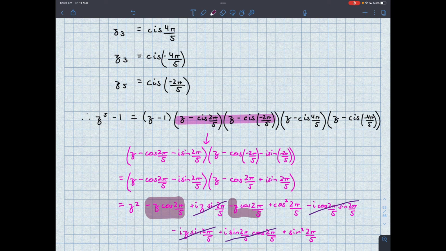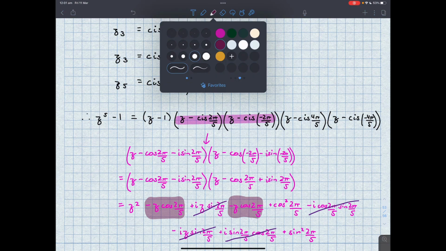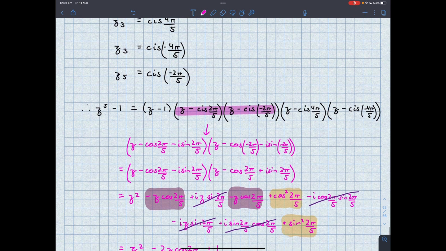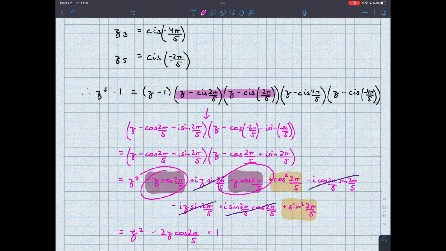I've got z there, and I have cos squared 2 pi on 5, so no z, and no z here either. Those are my constant terms, and you can probably already see what's going to happen with those. So, got z squared at the front. These two terms will combine to give me minus 2z cos 2 pi on 5, and then cos squared of an angle plus sine squared of the same angle equals 1. So those two complex linear factors have simplified down into a real factor.